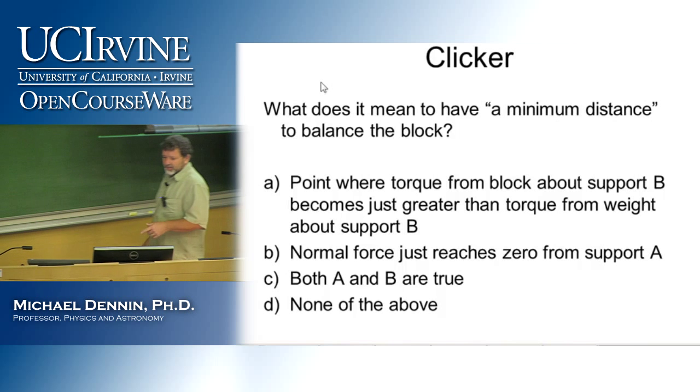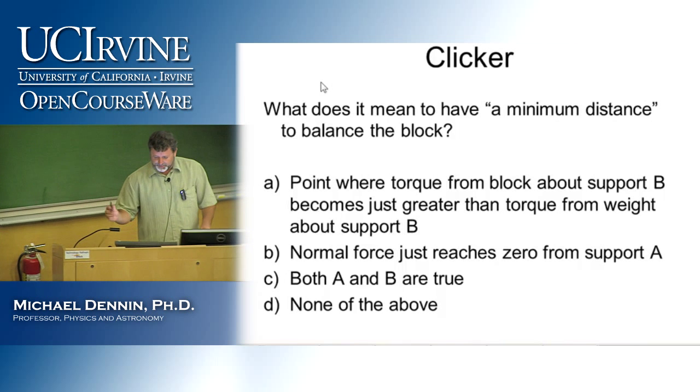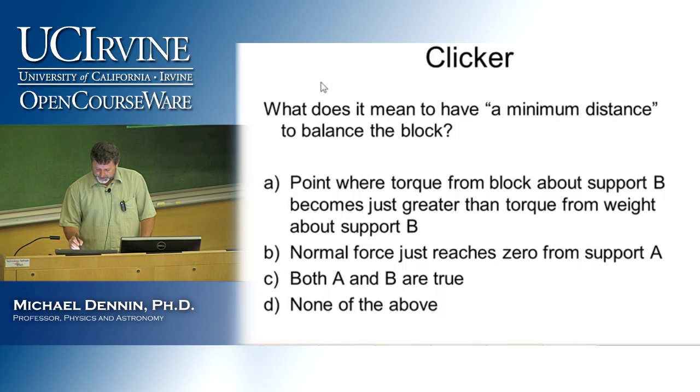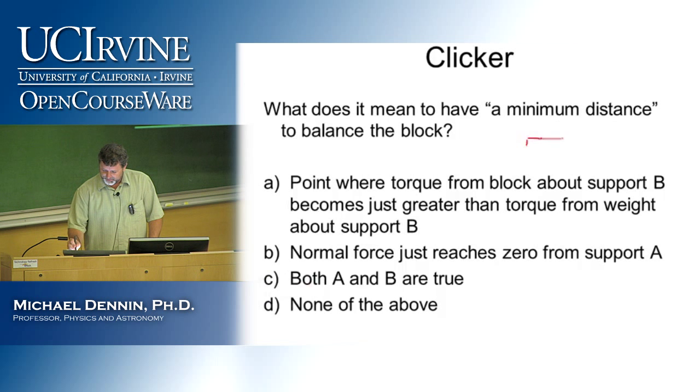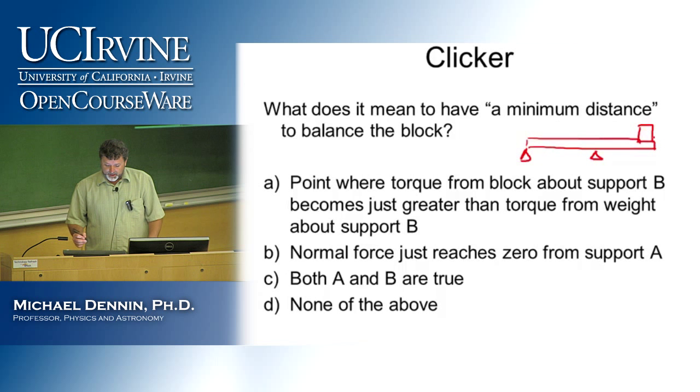And it could be, so let's draw a little label so you guys have the same reference. Okay, here's my thing with the two supports. Here's my block at the end. Okay, and this is the support B that I'm moving around, and this is A that's at the end.